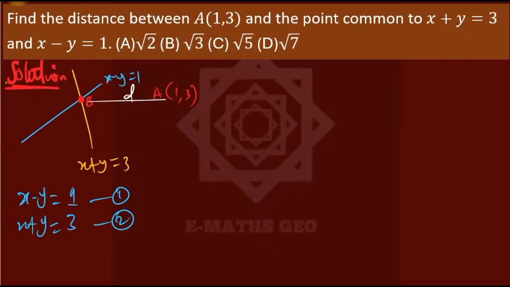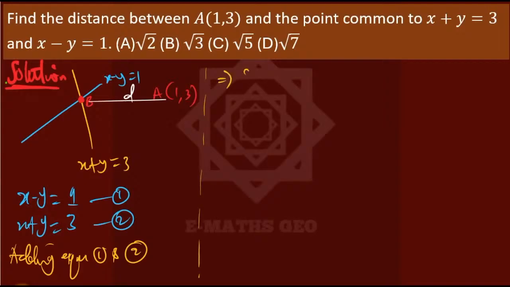By elimination, adding equations 1 and 2, you notice that 2x will be equal to 4. So x is 2. Therefore, from equation 1, we see that y will be x minus 1, which is 2 minus 1, which is 1.